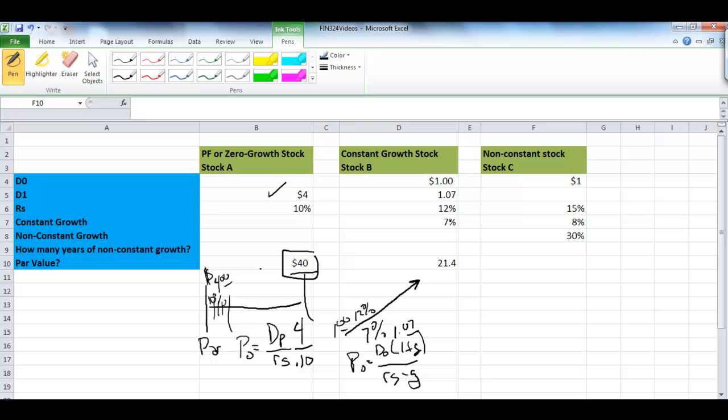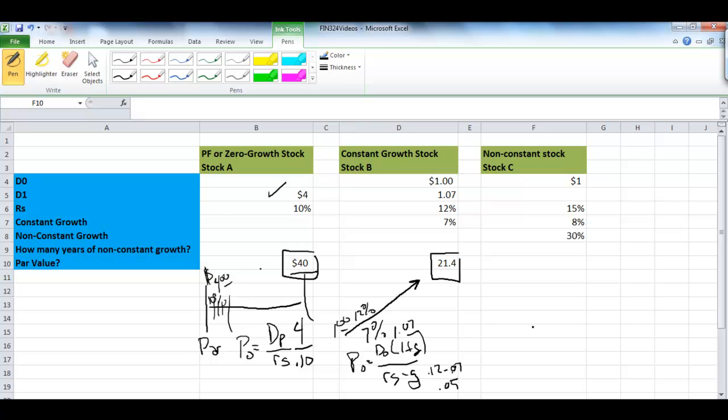And then down here, RS is 12, and the constant rate is 7%, so 0.12 minus 0.07 is 0.05. And if I did the formula right, we can check here in a moment. Like I said, I'll check right now. I'm in a drawing mode. We should get the $21.40. Again, it's a plug and chug. You have to ask yourself, D0, D1, what is RS, and what is G?